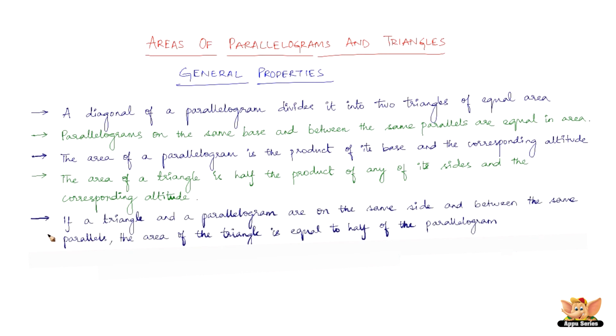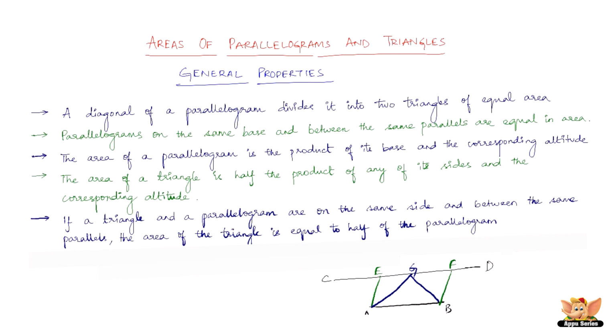Now the next property states that if a triangle and a parallelogram are on the same base, say let us draw AB, and then draw another line parallel to AB. Let us name this CD. If you draw a parallelogram here and name it ABFE, and then draw a triangle, say let us name this AGB.